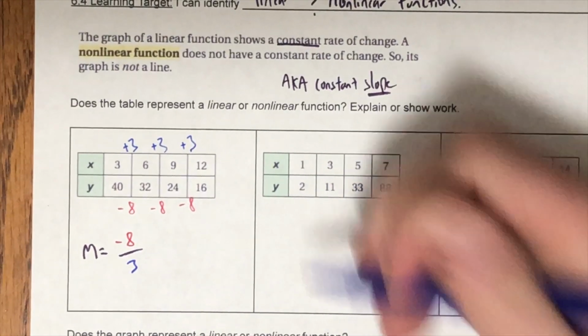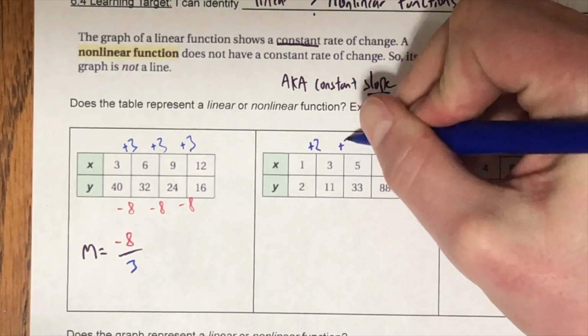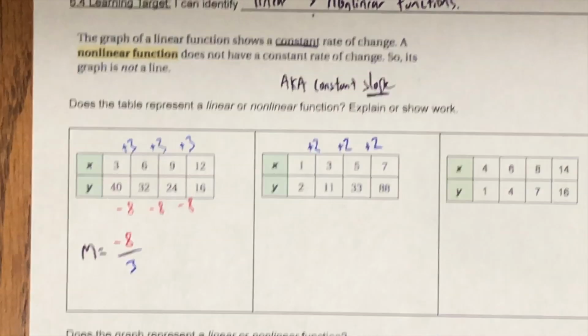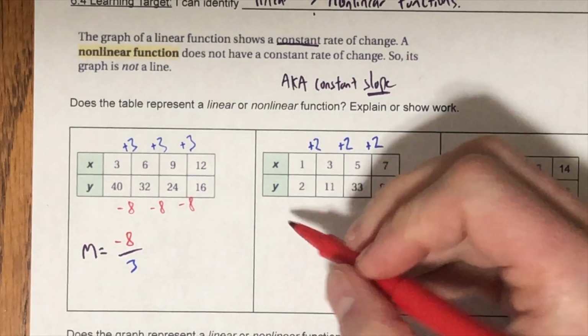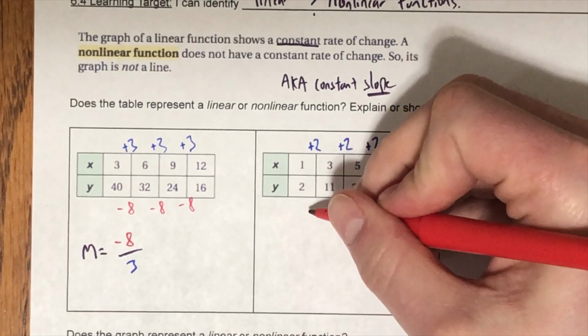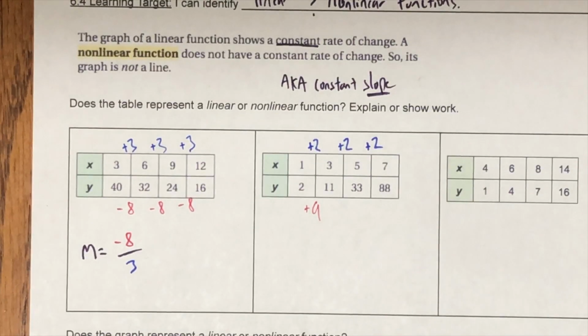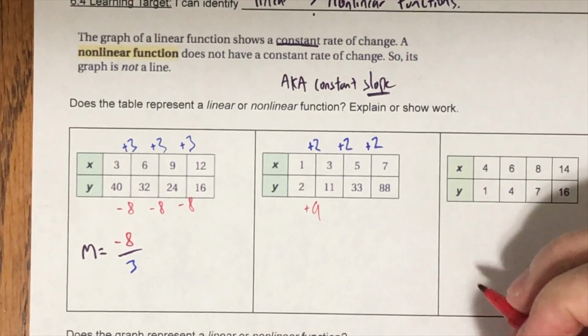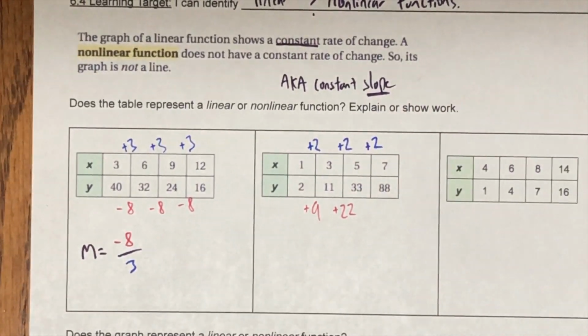If I look over here on the x-axis, I'm going up 2 each time. So far, so good. And on the y-axis, from 2 to 11, it's up 9. From 11 to 33, I'm going up 22.